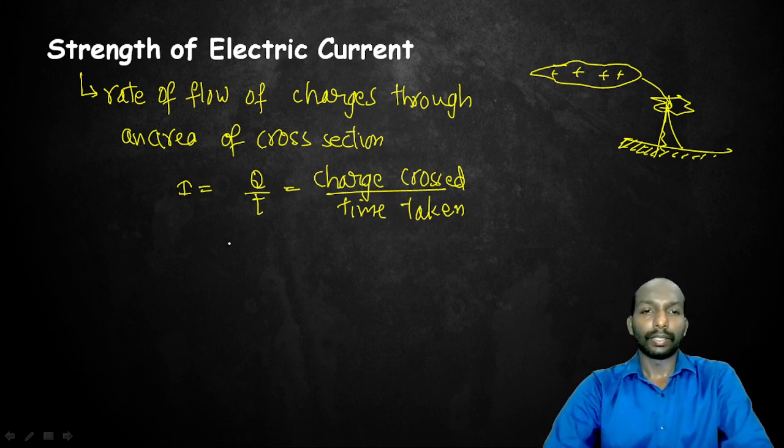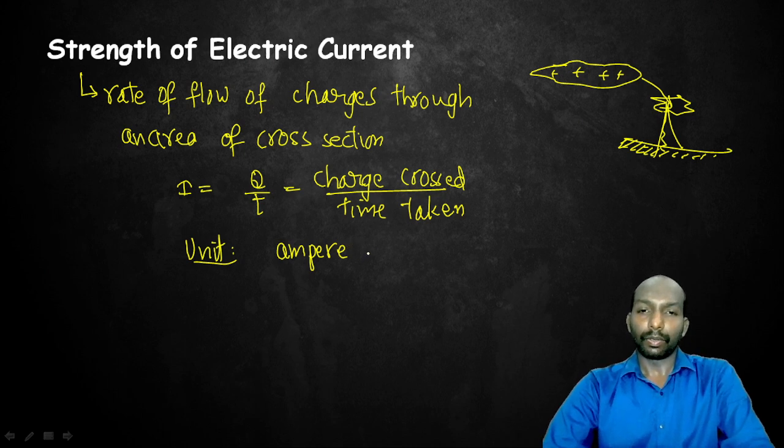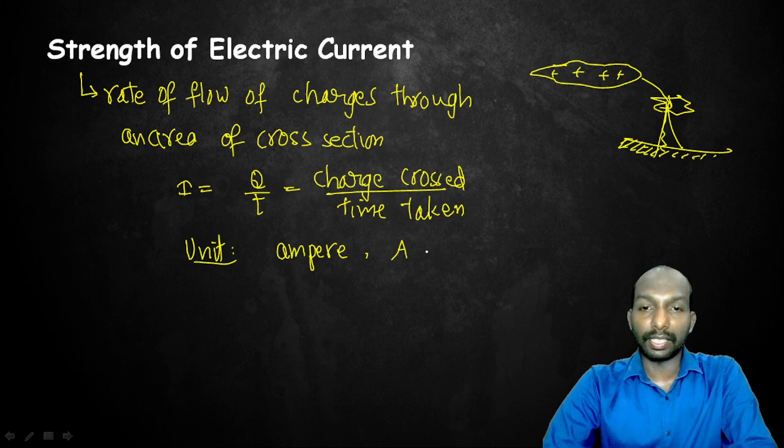Here the unit for electric current is ampere. Its symbol is capital A, which is named after a scientist.